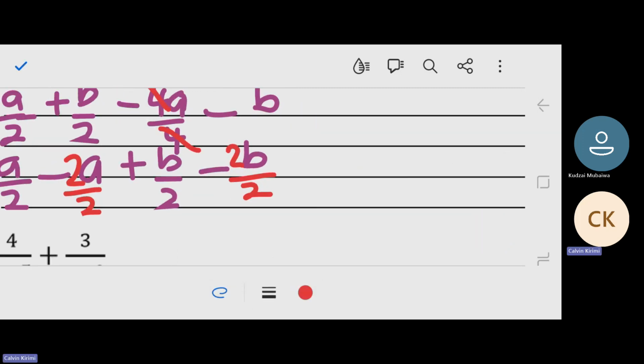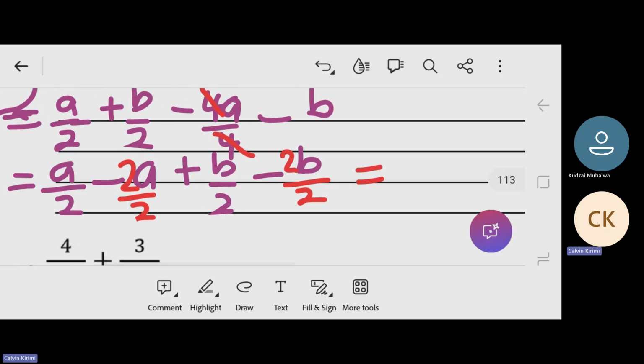The denominator is 2. So then it equals what? What is A minus 2A?